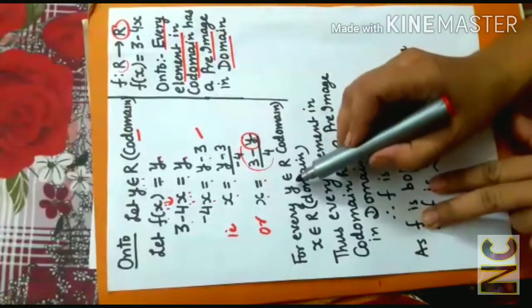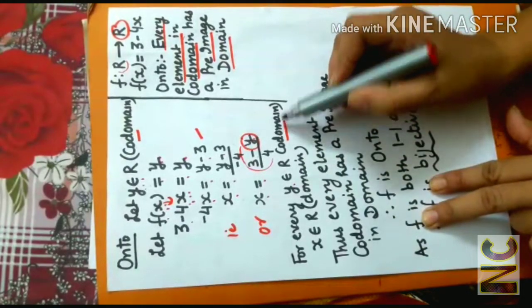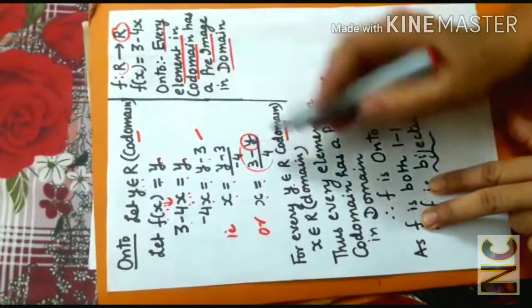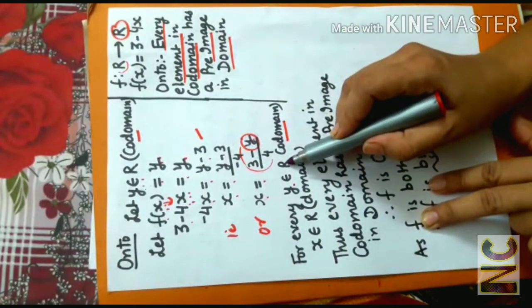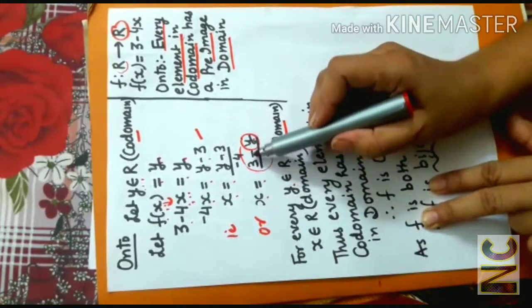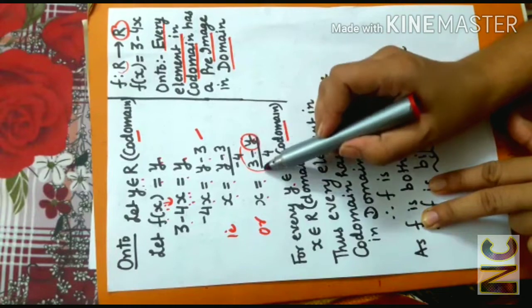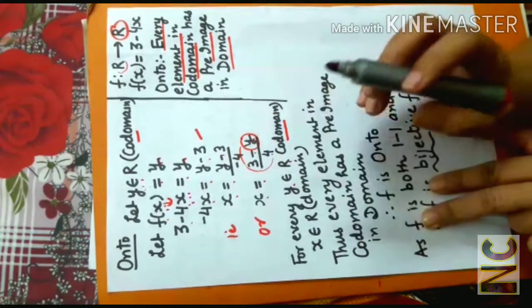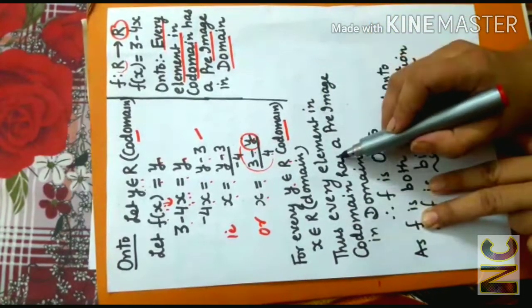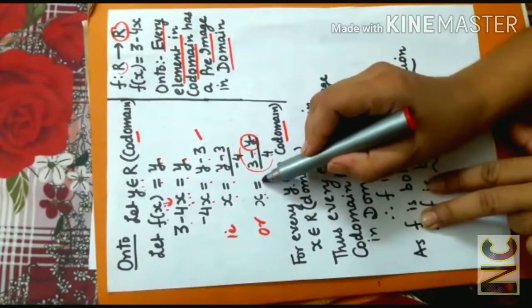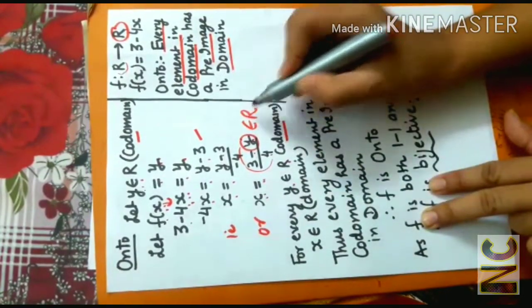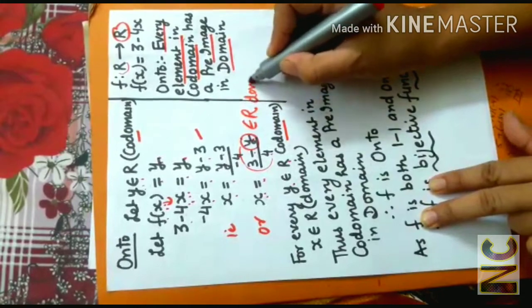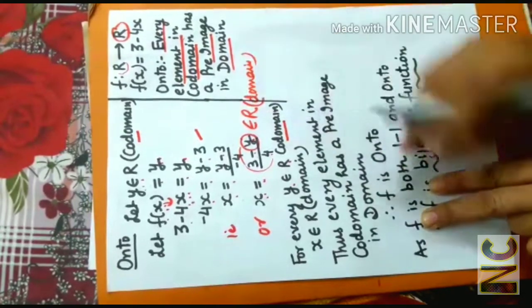Now look here, y belongs to the codomain, that is this set. That means y is a real number. So (3 minus y) over 4 will be a real number. So this x will always belong to R, that is the domain.